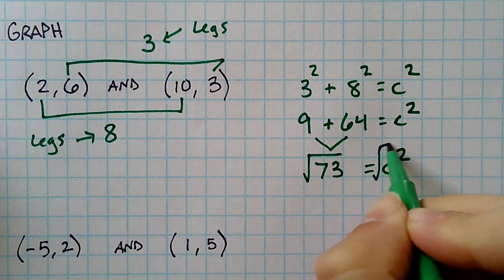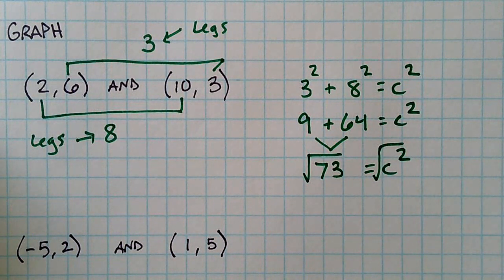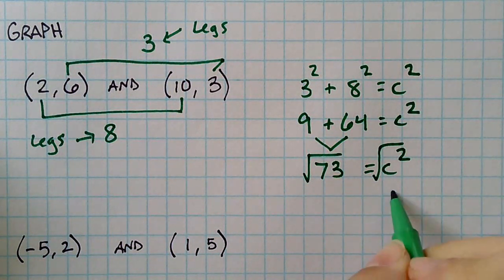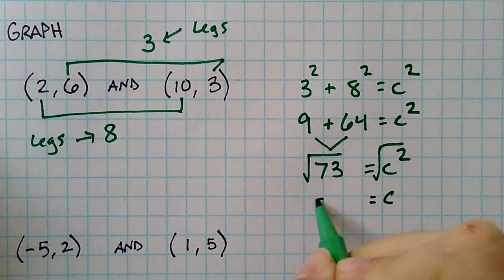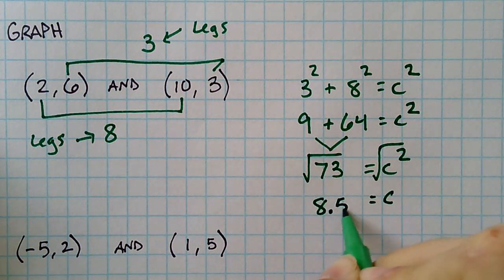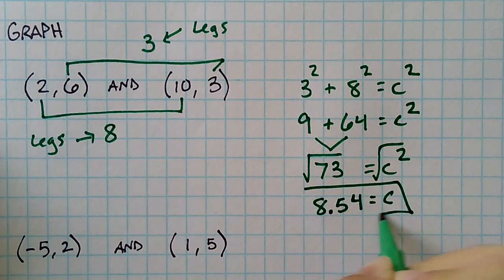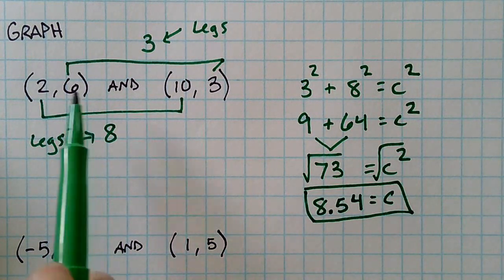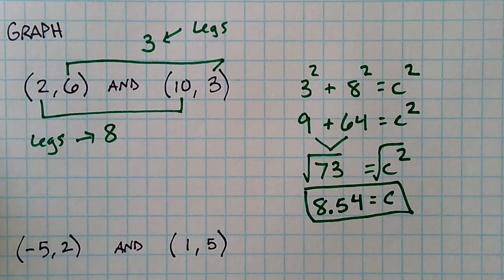Sorry, not cube root, square root. The square root of 73 gives us a c value of about 8.54. So that would be the distance between these 2 points on a graph.